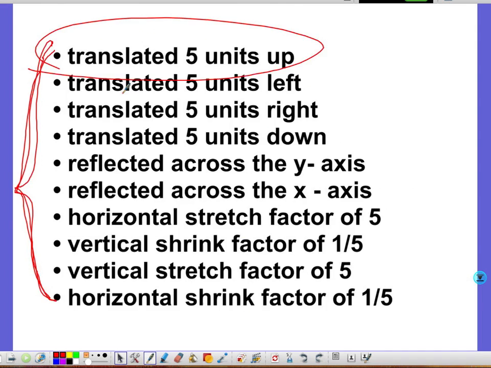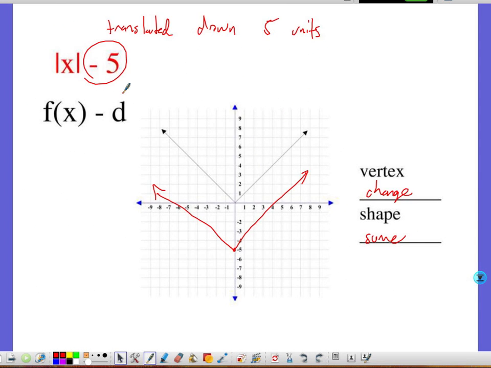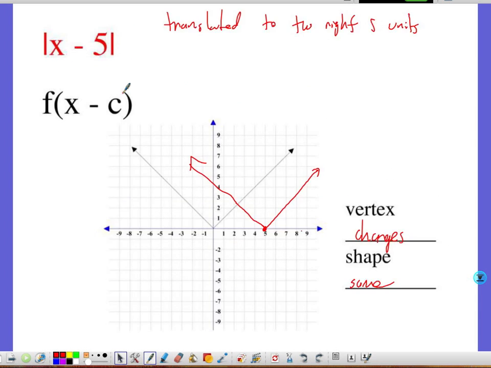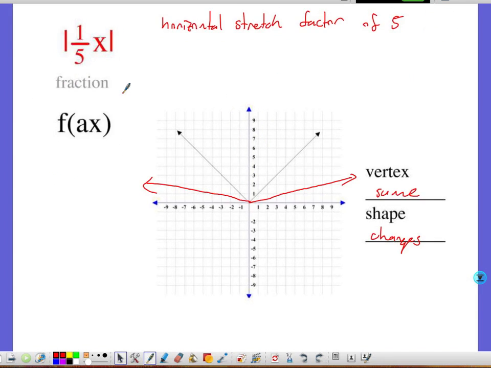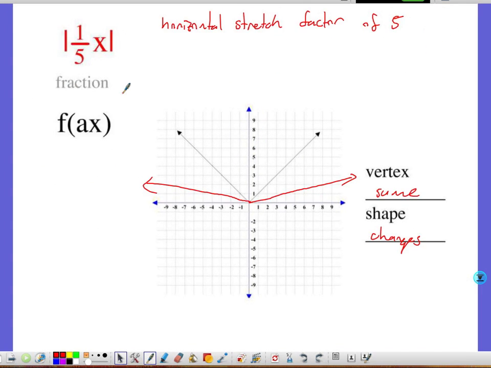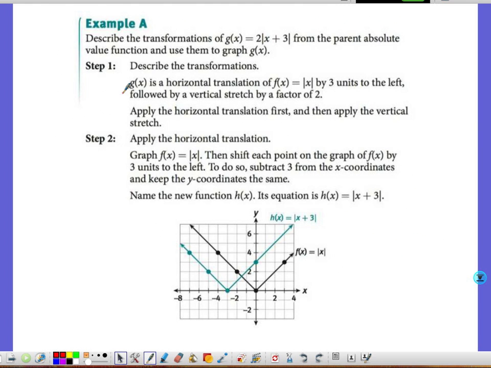We basically had only one operation for each of them, one transformation. So each of these are just a single transformation. Now you can have more than just one transformation going on in your function. Here in this case we have 2 transformations.